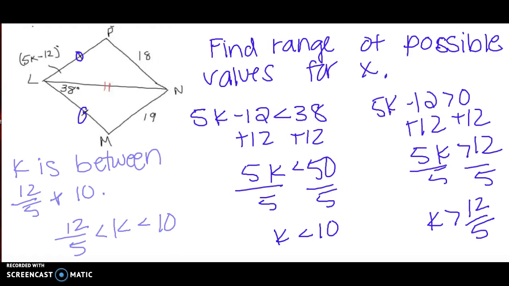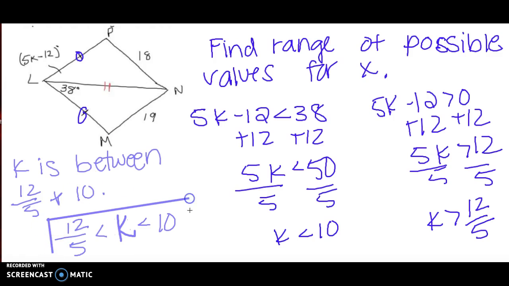And I'm going to fix that k so it actually looks like a k and not a less than sign, because that would be super confusing. All right, there we go. Perfect. Okay, so here's our range.